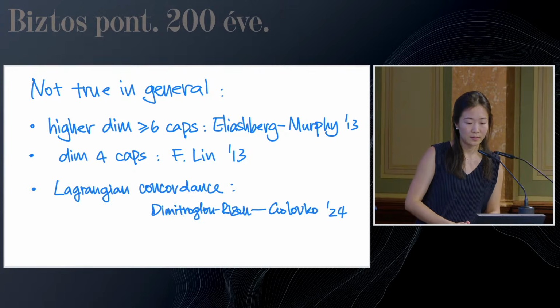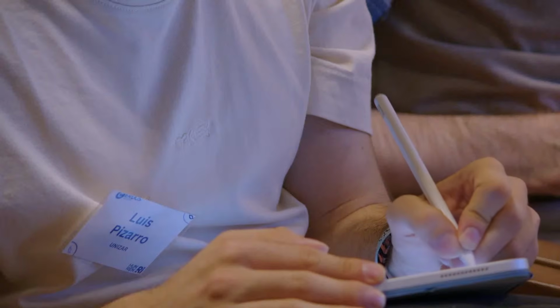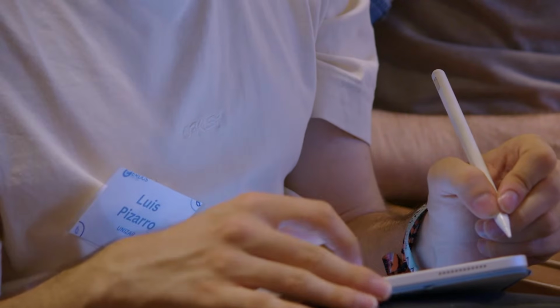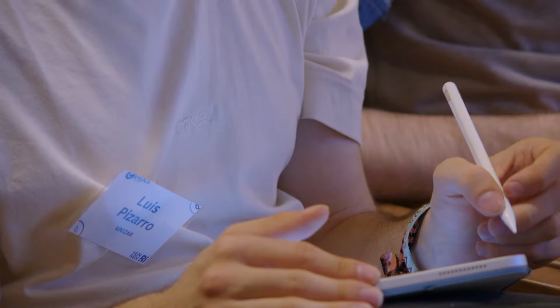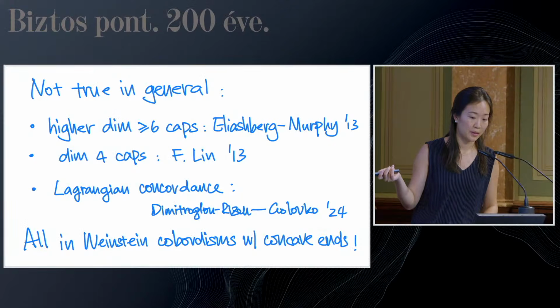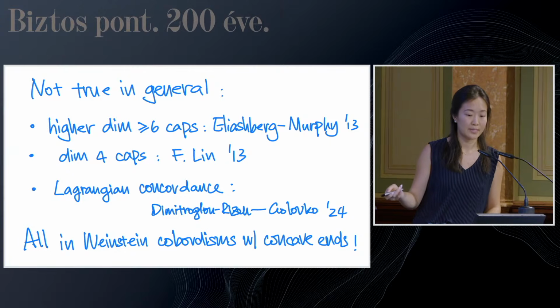And more recently, we have Lagrangian concordances that are not regular, given by Dimitroglou Rizell and Golovko, so Lagrangian concordance in Weinstein cobordisms. And I want to emphasize that all these examples are in Weinstein cobordisms with concave ends. So we can still ask whether all exact Lagrangians are regular in Weinstein domains, meaning no concave ends.